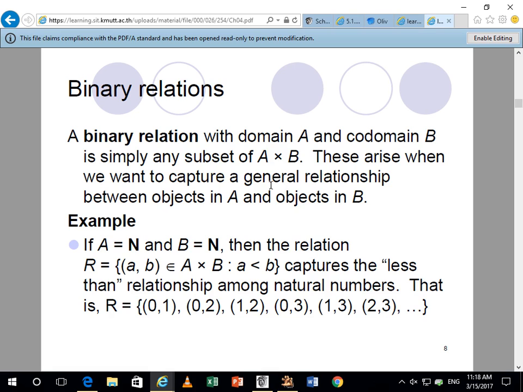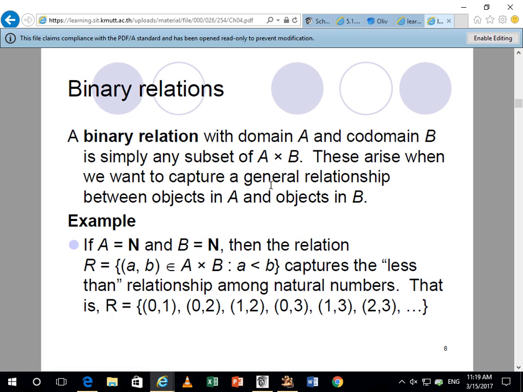So if you look at an example of binary relations, let's say A is a set of natural numbers from 0 to infinity. And B, the codomain, is also a set of natural numbers from 0 to infinity. So now we want to define the relation. We call it capital R, the relationship between domain and codomain. So what is it?